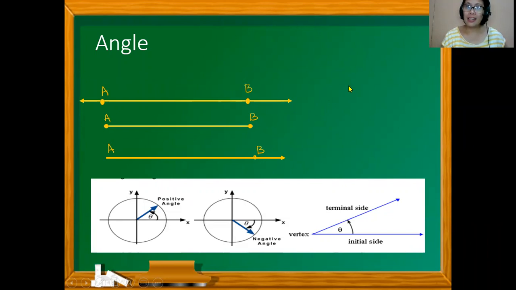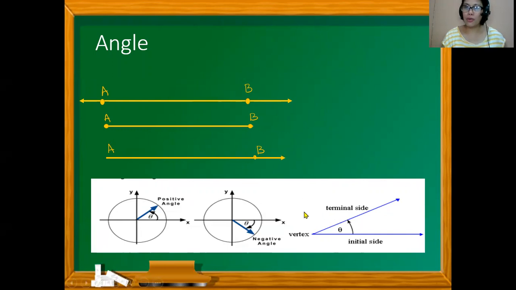Now, class, an angle is formed by rotating a ray around its endpoint. The ray in its initial position is called the initial side of an angle, while the ray in its location after the rotation is called the terminal side of an angle. The endpoint of the ray is what we call the vertex of the angle.